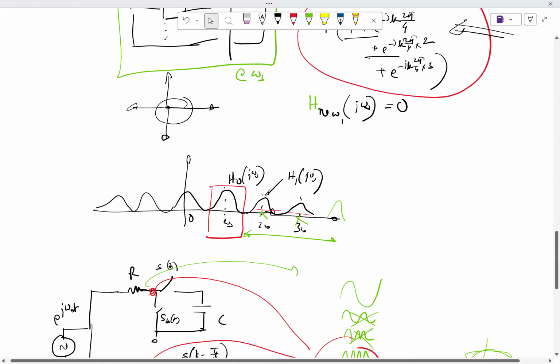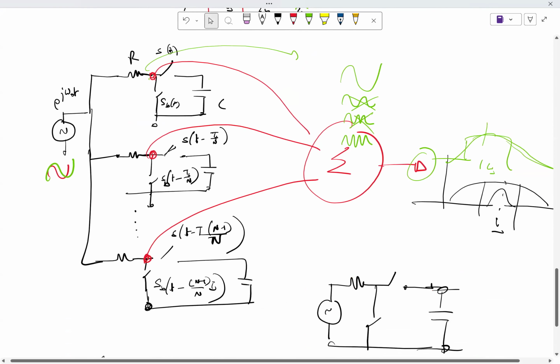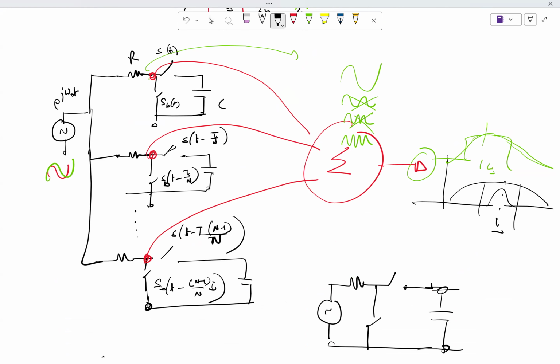Now let's come to the benefits of taking it out like this, other than the fact that you can get rid of nearby tones. This entire thing, even though it looks complicated, can be made much simpler if you recognize that all the clocks of each of these kernels are non-overlapping.